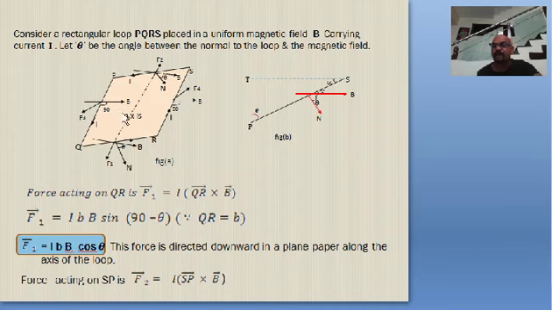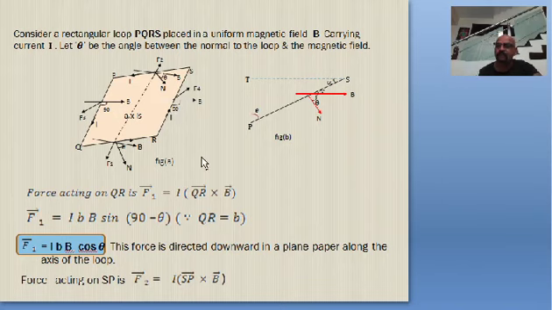The two forces are equal and opposite, but the line of action is different. See that one force is acting here on the left side of the loop, the other force is acting on the right side of the loop, and the two forces are equal and opposite. Net force is anyhow 0, but the torque is not 0, because this force is acting upwards and this force is acting downwards.